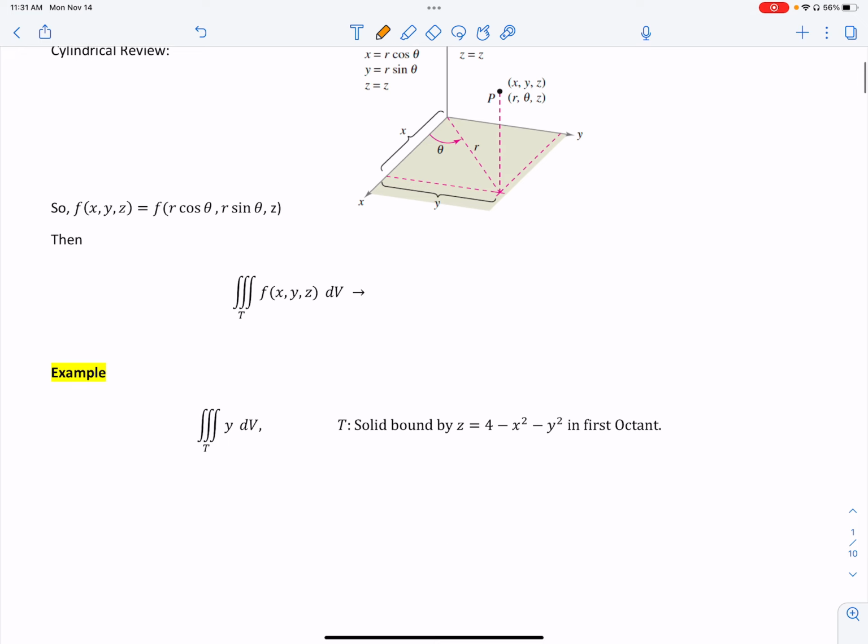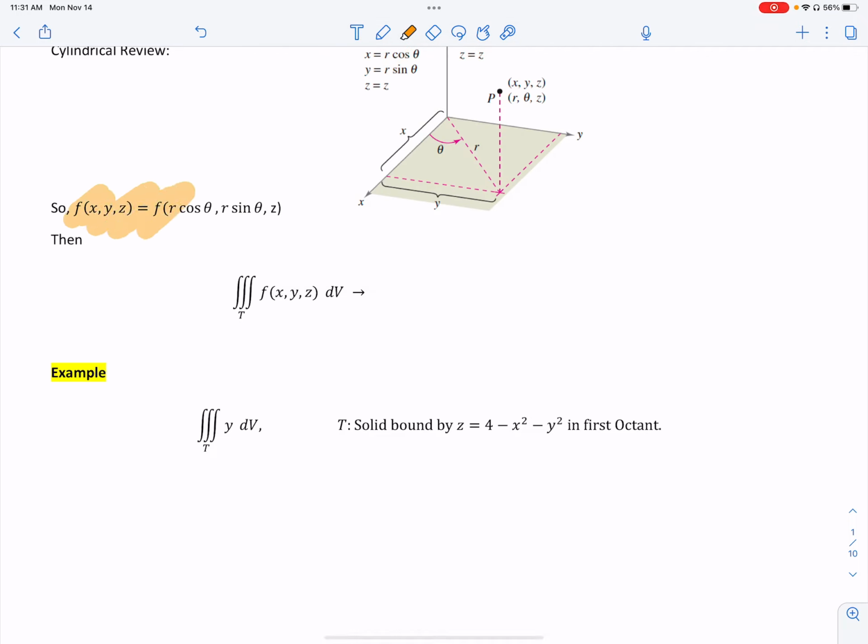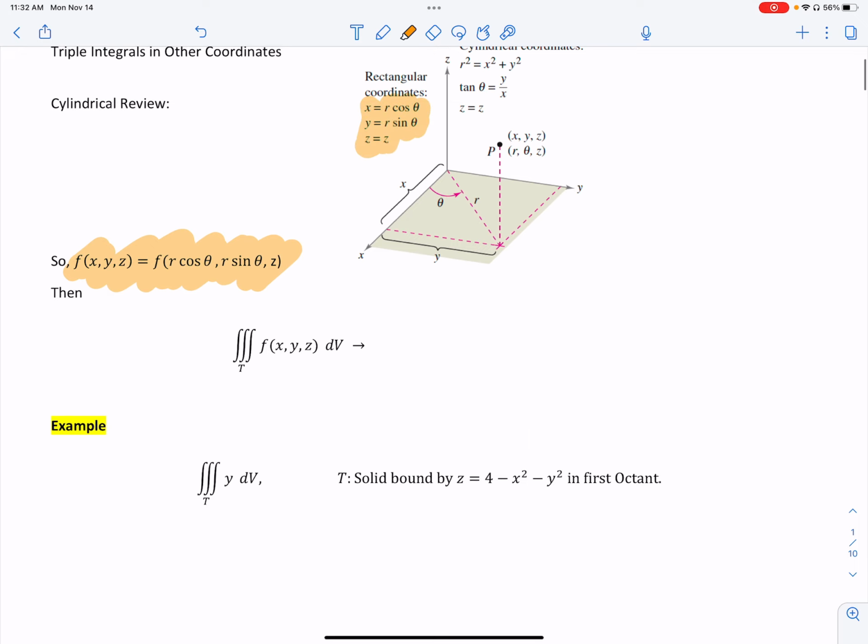A reminder of this thing here, we've brought it up a few times this semester. That just means the function in terms of x, y, and z, but with these up here. It just means put the function in terms of that.